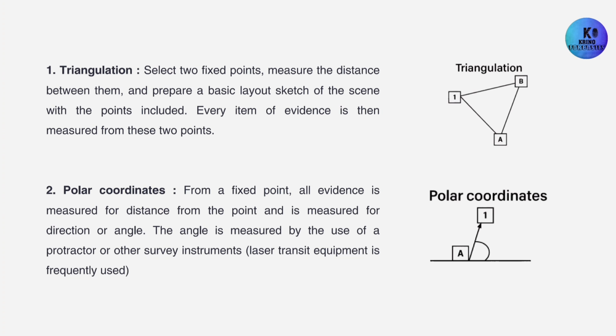Once you identify these 2 fixed points, you measure the distance between them and that forms your base. Now to locate any item of the evidence, you measure the distance from both fixed points to the evidence. Think of it like forming a triangle. If you do this accurately, the position of that evidence can be precisely plotted on the paper.